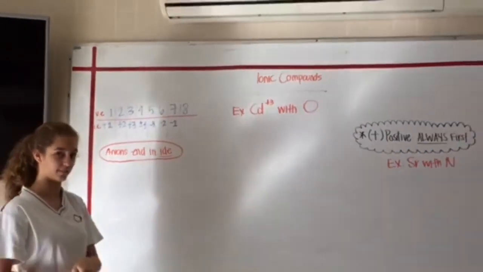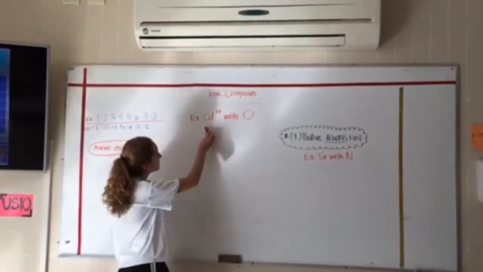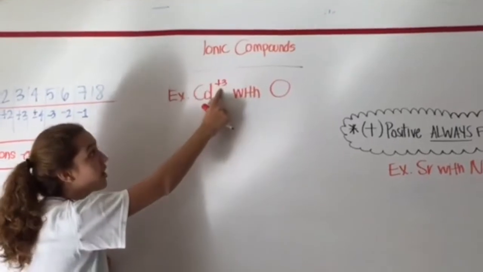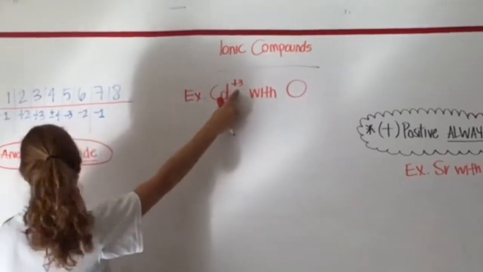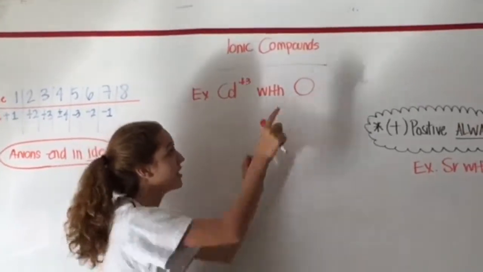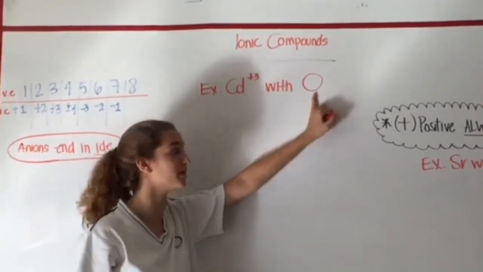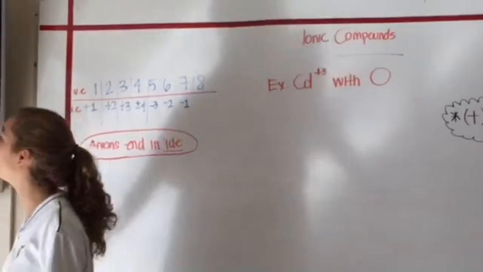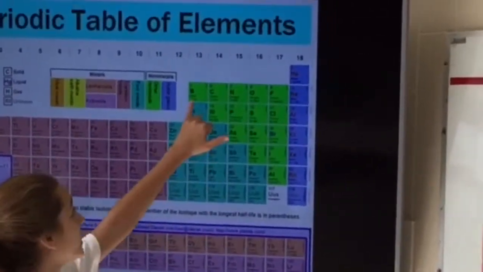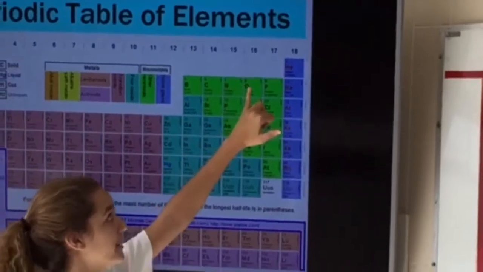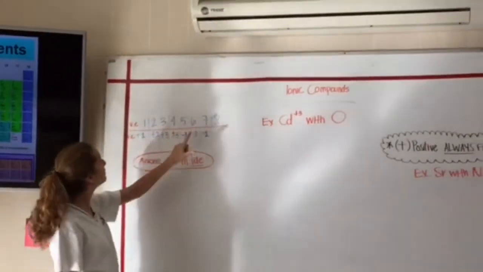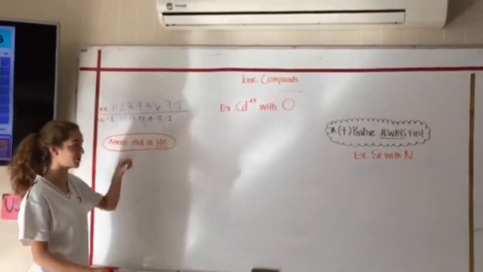I'm going to do an example. Here's cadmium, and here they are already giving you the amount of its ionic charge. But you need to know the ionic charge of oxygen. So here we come, and as you already know, here is oxygen. So it's 3A, 4A, 5A, 6A. If you have 6 valence electrons, you would have -2 ionic charge.